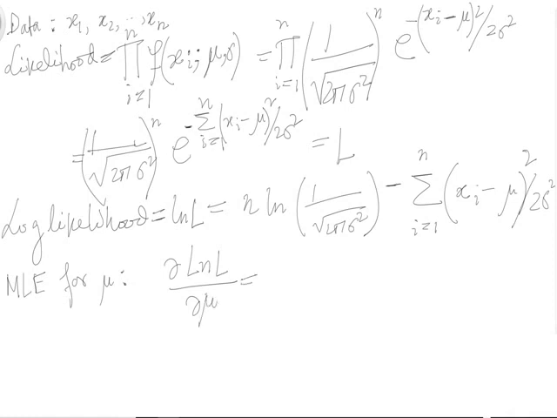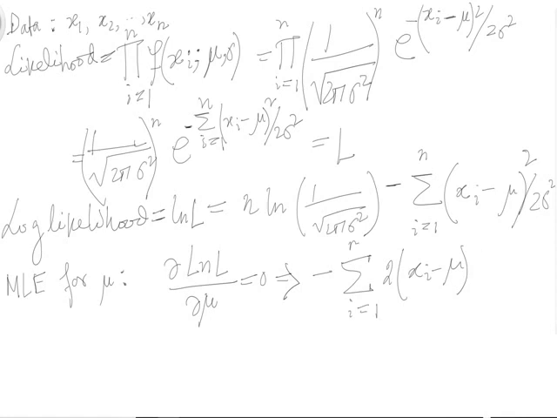Now we have two parameters here for the normal distribution. One is mu, another is sigma. So we have to find two different maximum likelihood estimators, one for mu, another for sigma. Let's first maximize the likelihood function L to find the MLE estimator for mu.